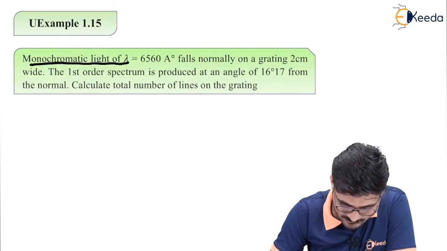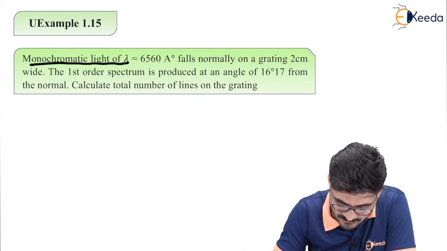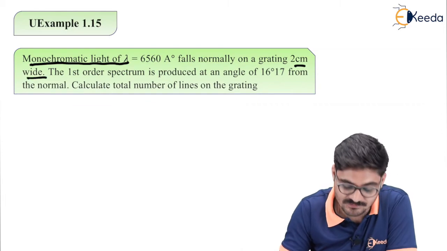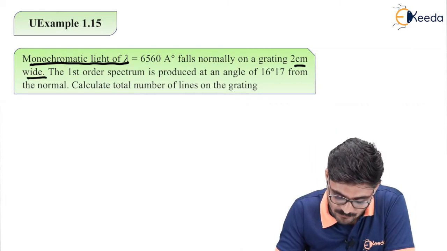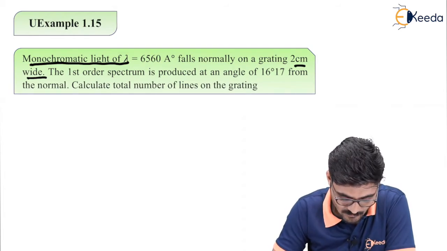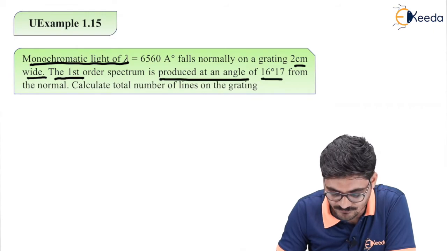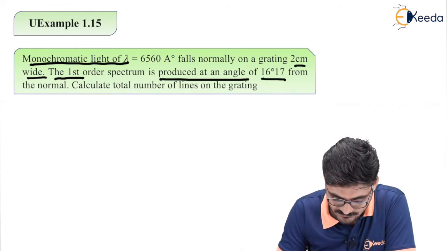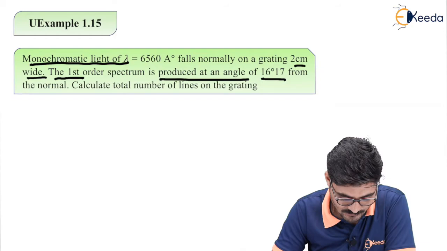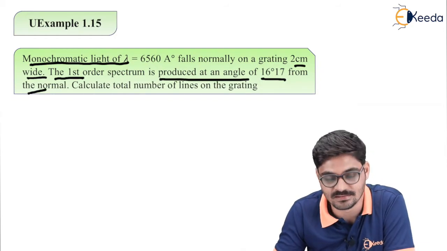Monochromatic light, lambda equals 6560 Armstrong, falls normally on a grating 2 centimeter wide. So wavelength is given, 6560 Armstrong, and width of grating is given, 2 centimeter. The first order spectrum, m equals 1, is produced at an angle of 16 degrees 17 minutes from the normal, and calculate the total number of lines on the grating.